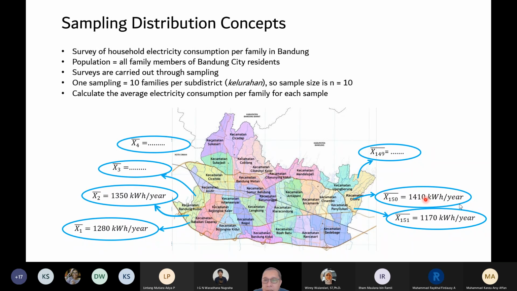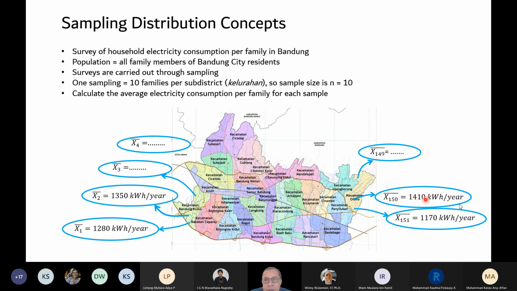And because from each kelurahan we're taking a sample of 10 households, the sample size is 10. So please distinguish between sample size and number of samples. The number of samples is 151, in accordance with the number of kelurahan in Bandung, and the sample size, how many households are observed per kelurahan, is 10.